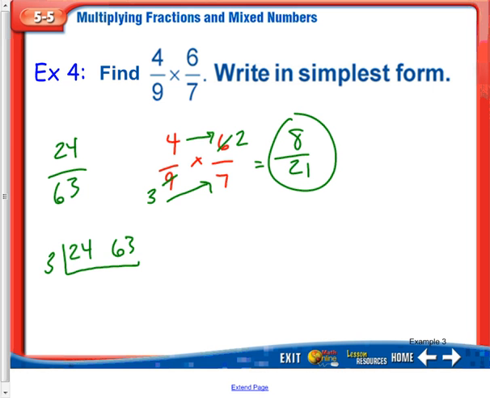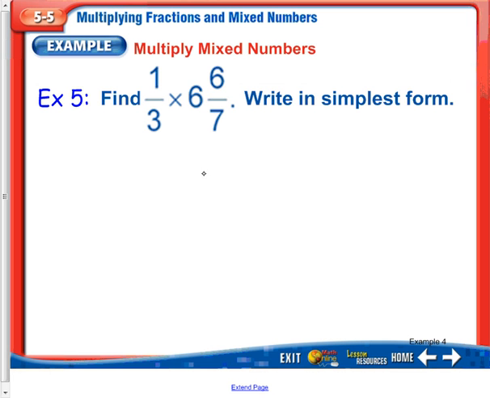So I can divide by 3, and this is going to be an 8. And this is going to be a 21. And so look, at the end, I still get 8 over 21 as an answer, but I have to deal with these larger numbers that I might not be able to work with in my head. So I'd rather do it before I multiply when the numbers are smaller.